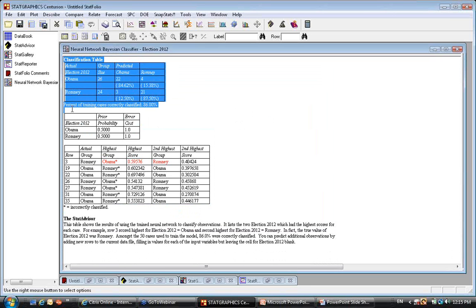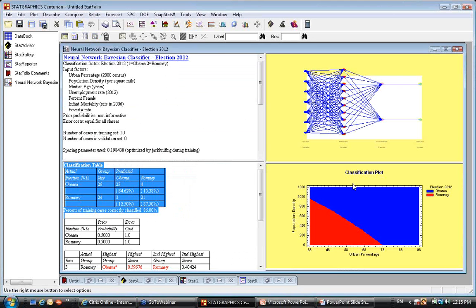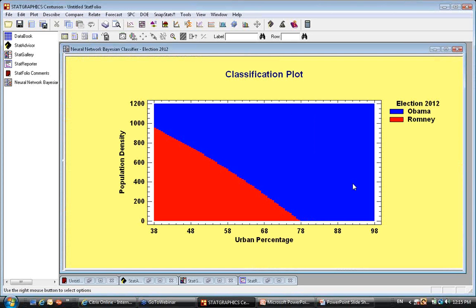Now, there's also, though, one really nice plot in the neural network procedure, which you might like to see. If I push the Tables and Graphs button, it's called the classification plot. What the classification plot does is show you where it figures you'll find Obama states and where it figures you'll find Romney states.